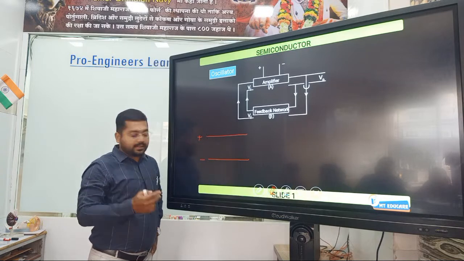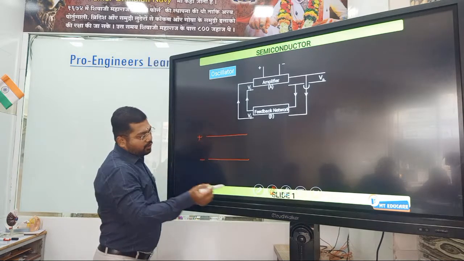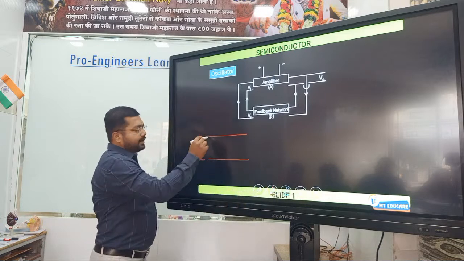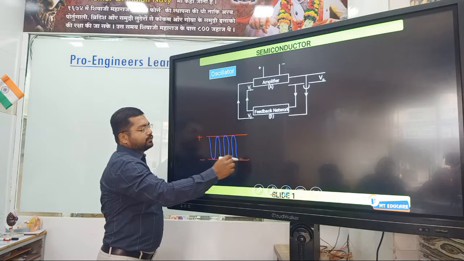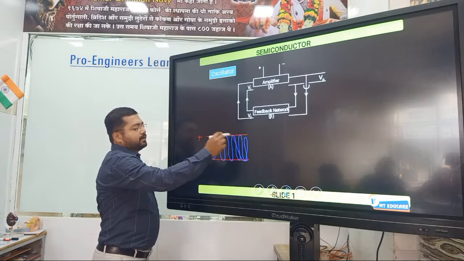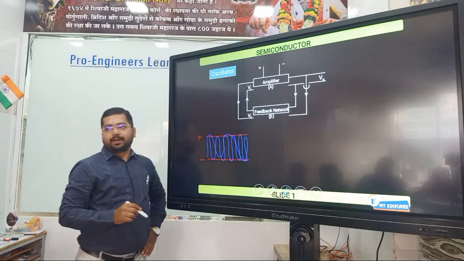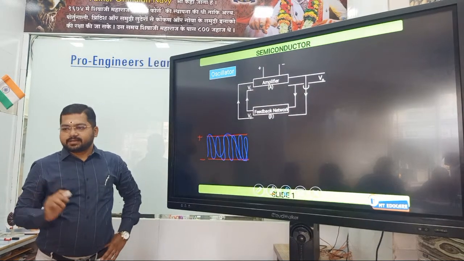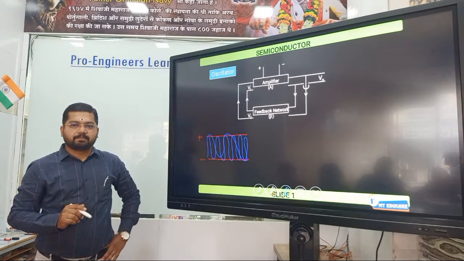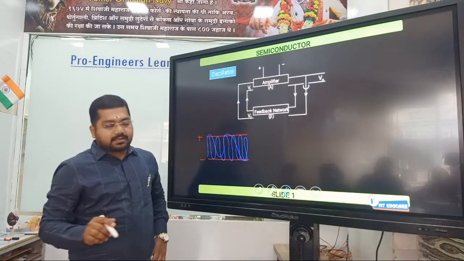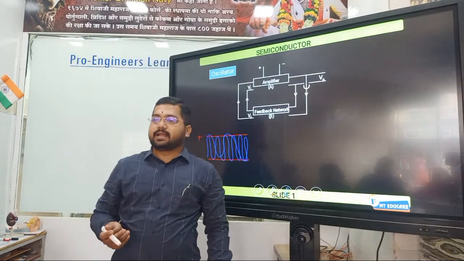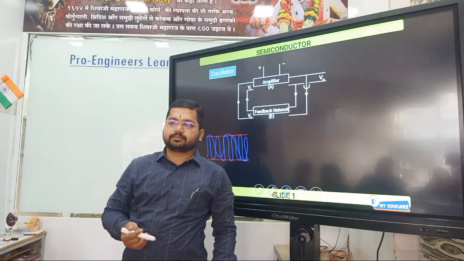Then it will try to oscillate, or the electrons will try to jump between these two plates, and thus it generates an oscillating signal.